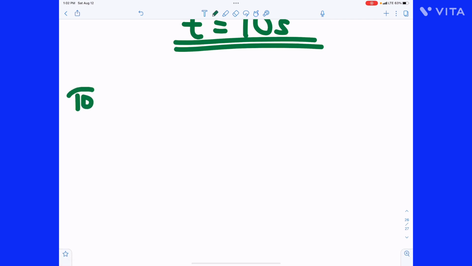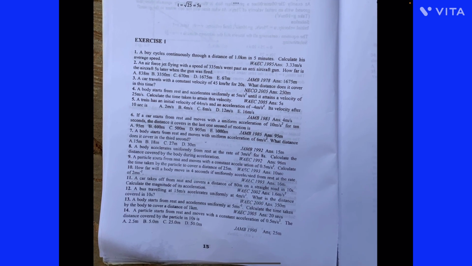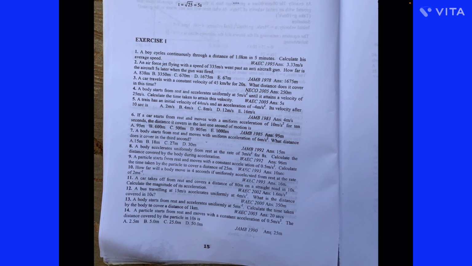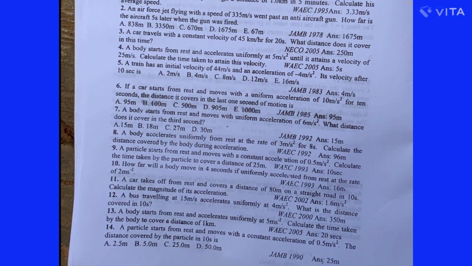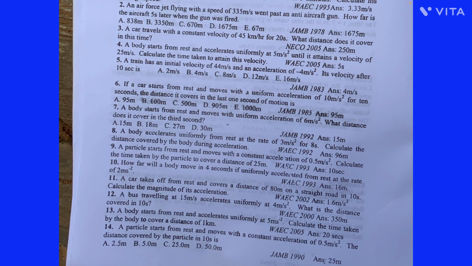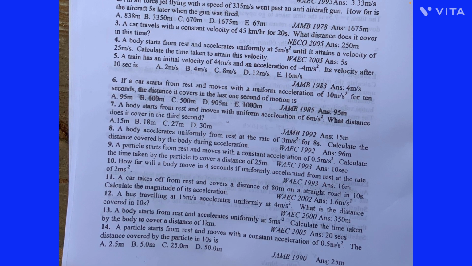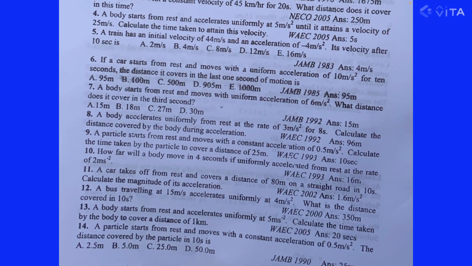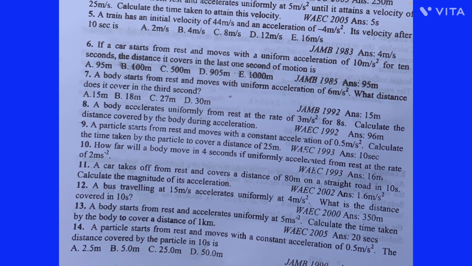Let's go to the last question in this part. Question 10. Let's take it 10 at a time, so we'll do the next 10 in the next video. How far will a body move in 4 seconds if uniformly accelerated from rest at the rate of 2 meters per second squared? I hope you can see this well.